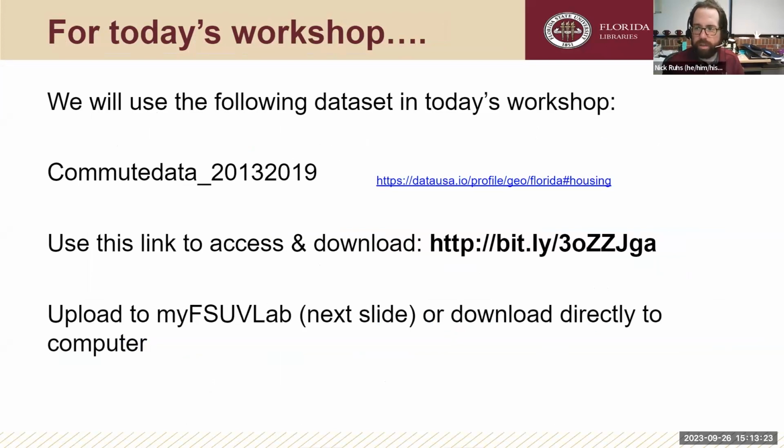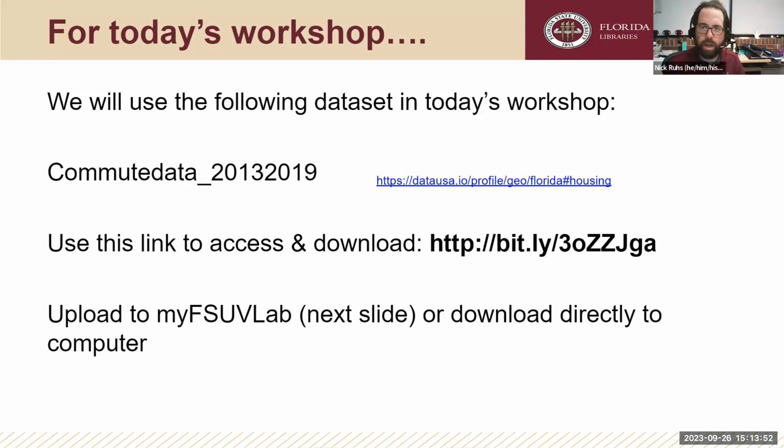During today's workshop, for some of the hands-on demonstration components, I will be using a data set that I've pulled from datausa.io. It goes over average commute times in a few southern US states compared to the US averages during 2013 to 2019.